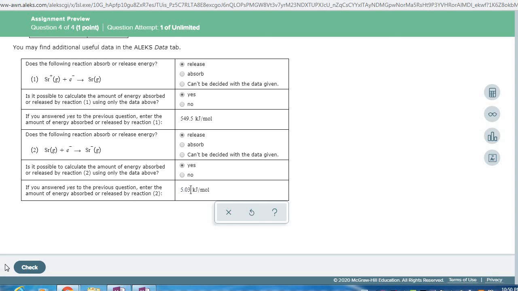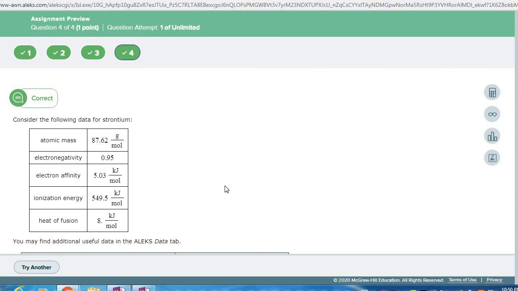5.03 kilojoules per mole. Let's go ahead and check that, make sure our thinking is straight. We do. So these are doable. It just takes a little bit of thinking. As I was making this video, boy, I made two or three mistakes just because I wasn't thinking real well. So know what an ionization reaction is.